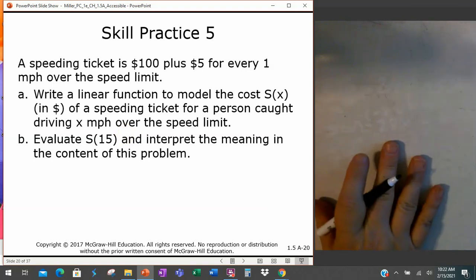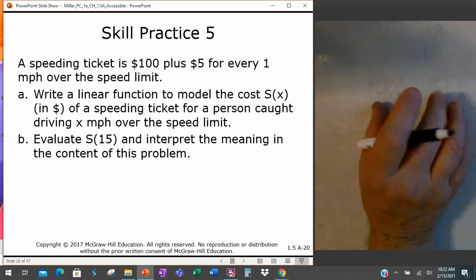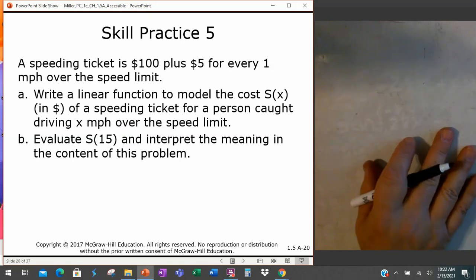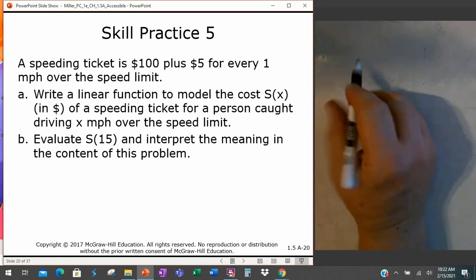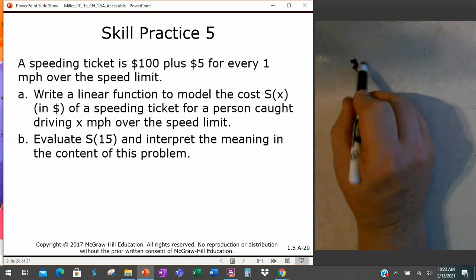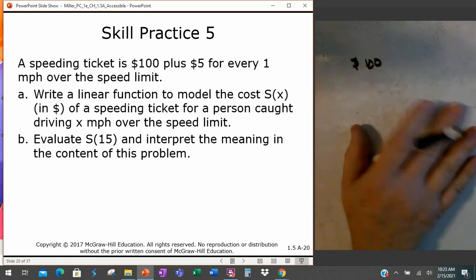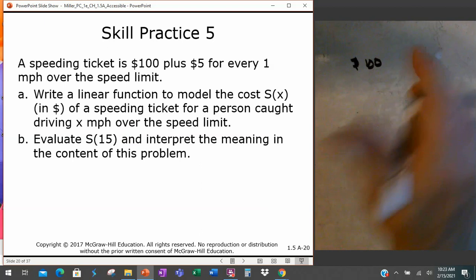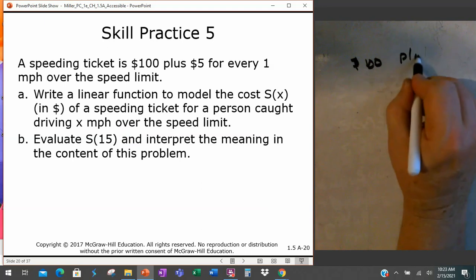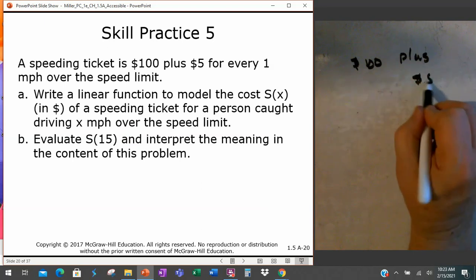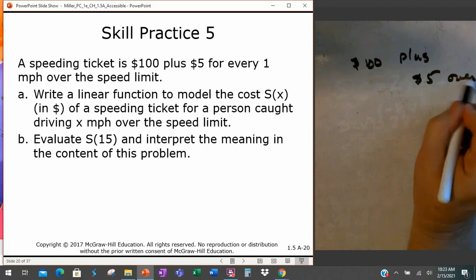Okay, and this is going to be a common concept that we're going to see as we build these things out. Okay, so your speeding ticket is $100. So if you got caught speeding, there it is, and then plus $5 for every one mile per hour over.